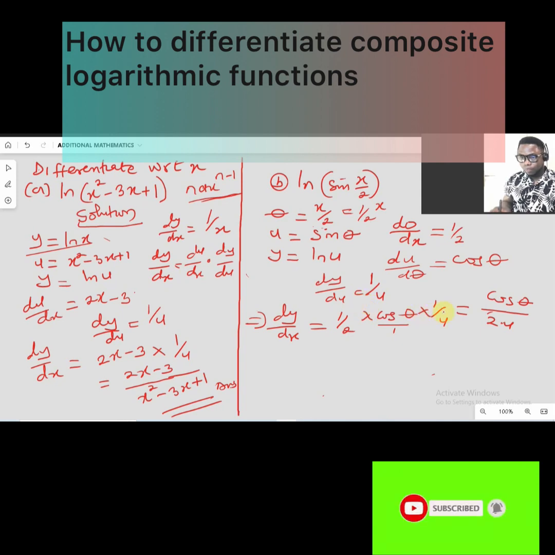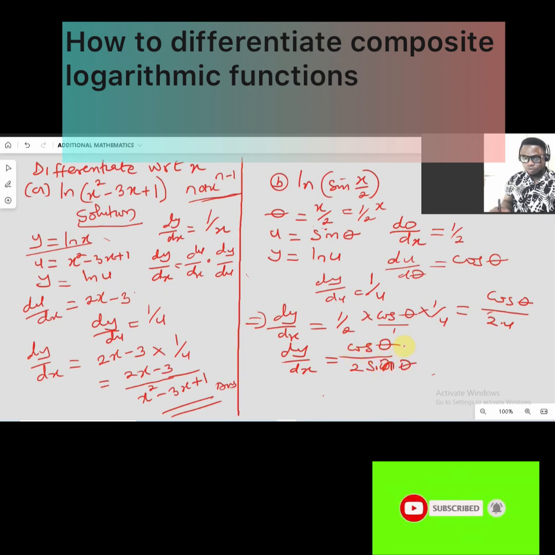Then dy over dx is equal to cos theta over 2u. Remember that u is given as sine theta. So I'm going to write cos theta divided by 2 sine theta, because sine theta is represented by u.